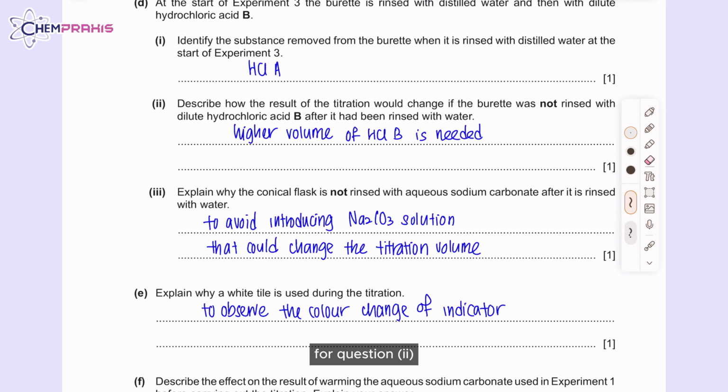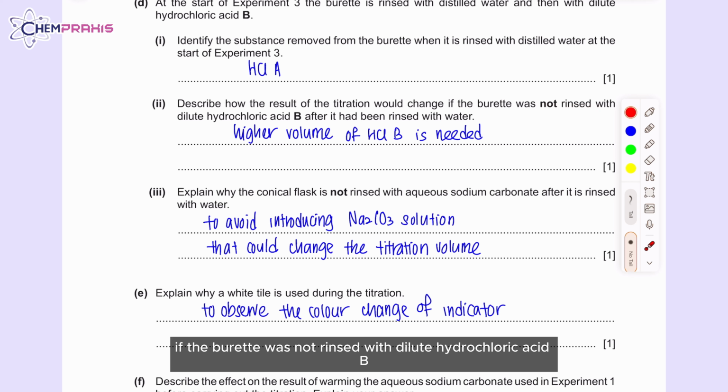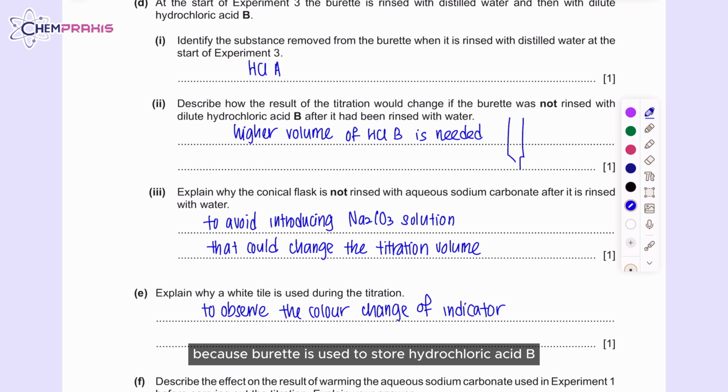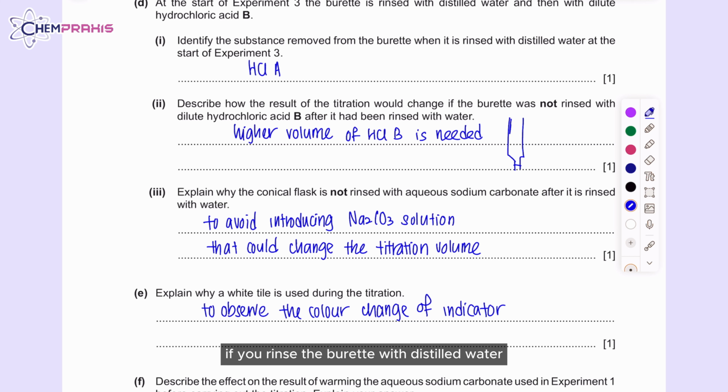For question Roman 2, describe how the result of the titration would change if the burette was not rinsed with dilute hydrochloric acid B after it had been rinsed with water. Because the burette is used to store hydrochloric acid B and used for titration, if you rinse the burette with distilled water, but you do not rinse the burette with hydrochloric acid B, some of the distilled water will remain in the burette.